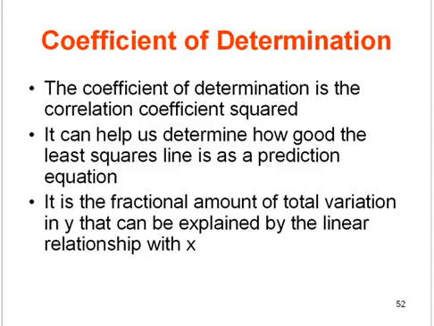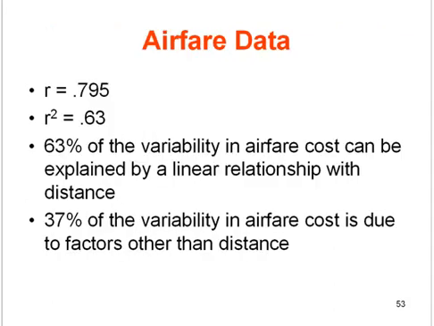Now we answer the question, how much of the variability in our response variable can be explained by our explanatory variable? It turns out that the correlation coefficient squared, which is referred to as the coefficient of determination, has the very nice interpretation as the amount of variability in y explained by the linear relationship with x.